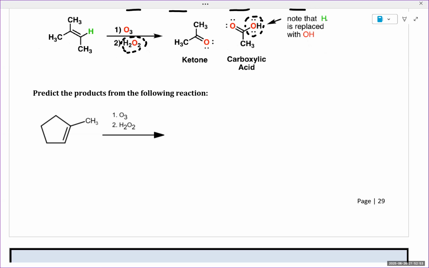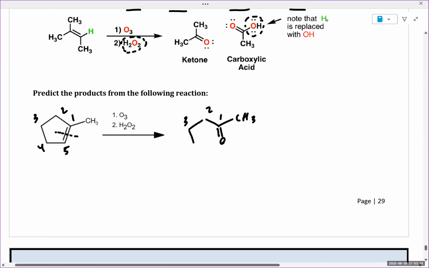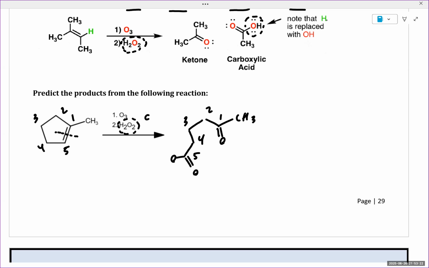Okay, so as always, for ozonolysis, you break your carbon-carbon bond and generate two carbonyls. In this case, because we're under oxidative workup conditions with the hydrogen peroxide, instead of getting an aldehyde, we get a carboxylic acid.